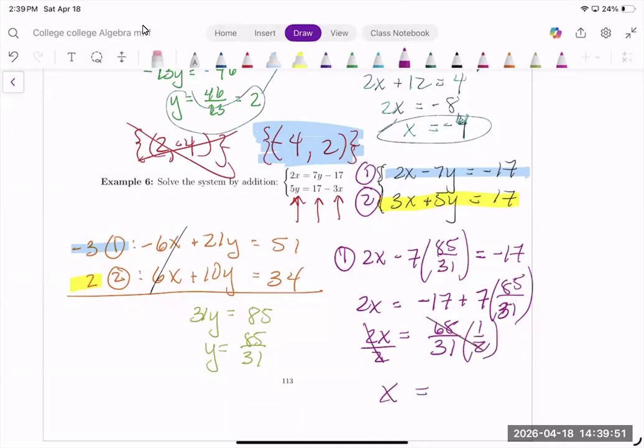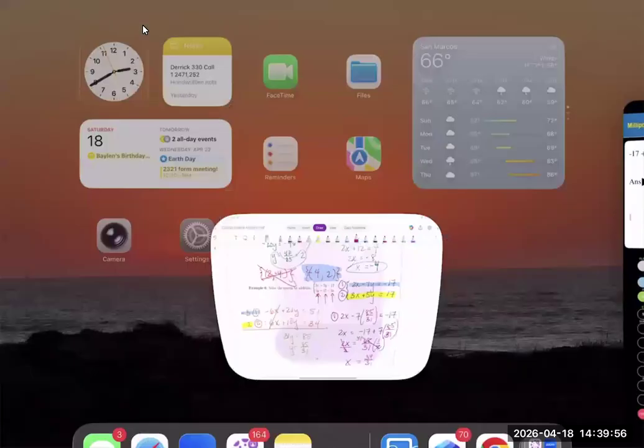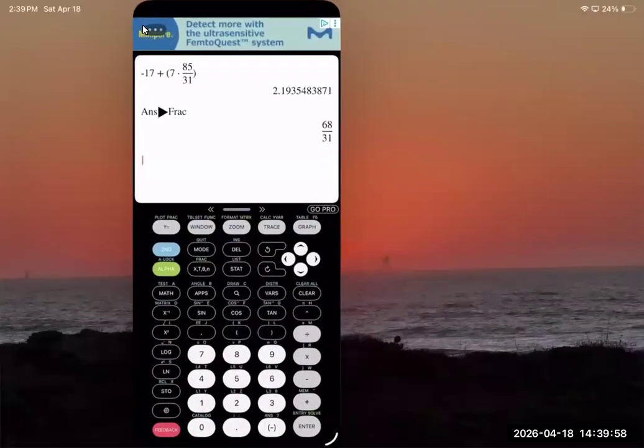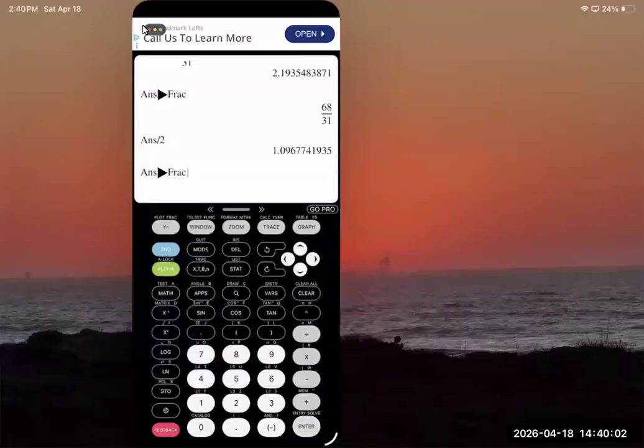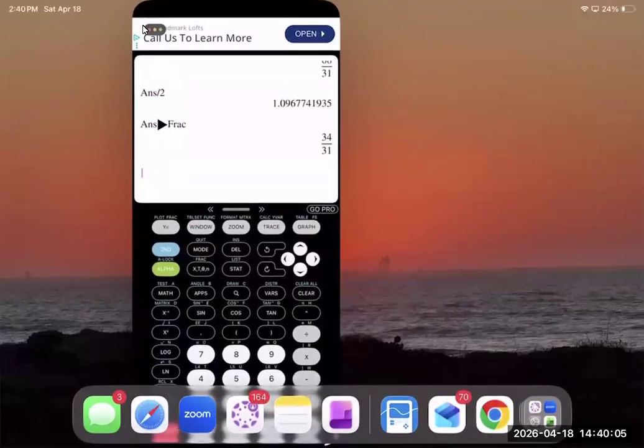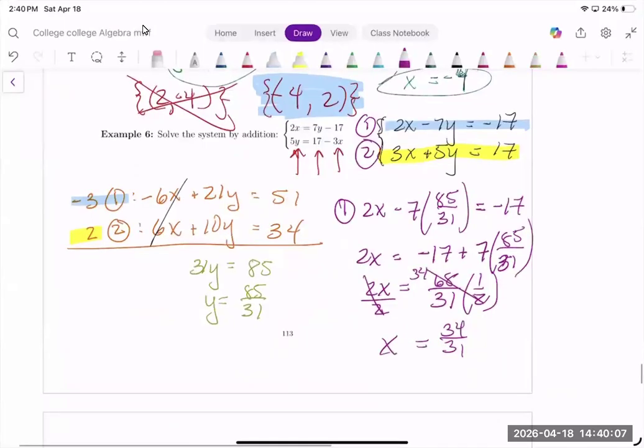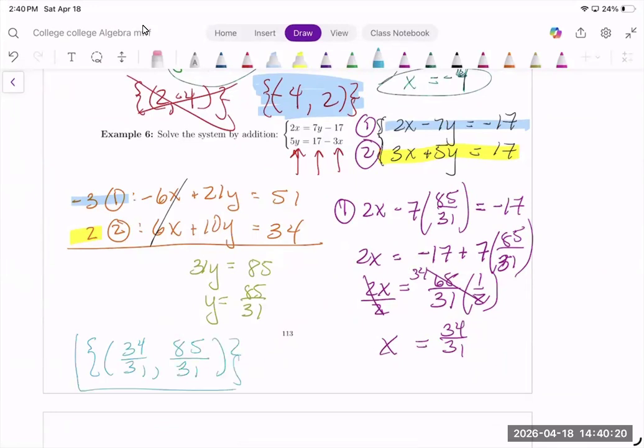See, 68 divided by 2 is 34. So 34/31. Divide by 2. Math, enter. 34 over 31. Again, x is first, so it's 34 over 31, comma 85 over 31. There we go. Yay!